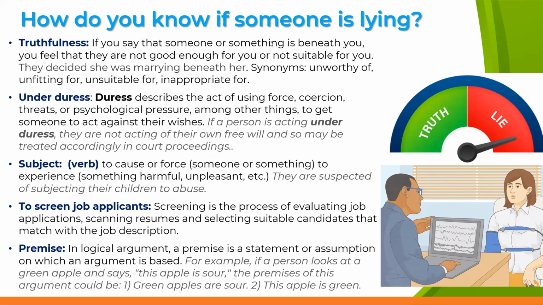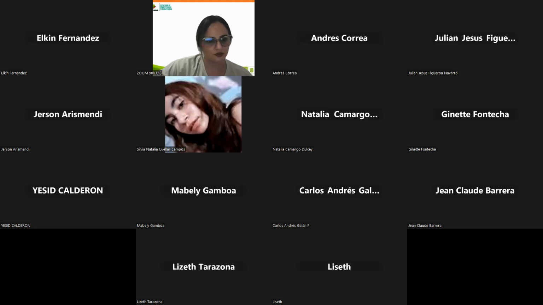Synonymous, unworthy of. Oh, no, my goodness. No, sorry. Beneath you is something we already checked, so no, sorry. Truthfulness is not this one. What is it? Okay, give me a second. Maybe I have the one that is correct here because I was working on it this morning, so I was wrong.